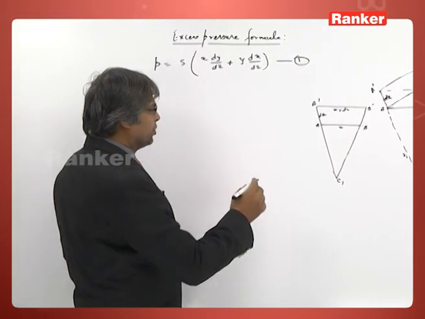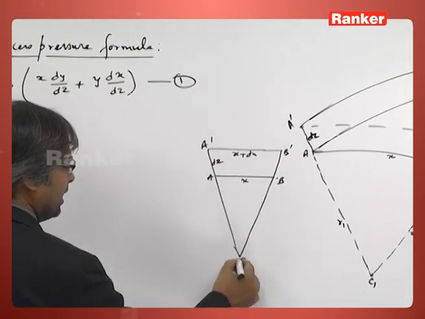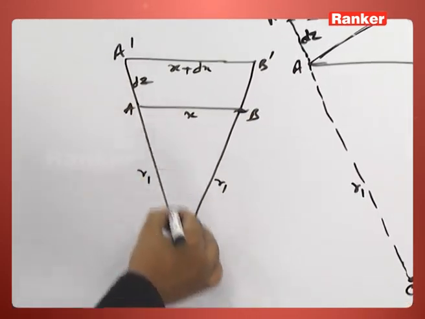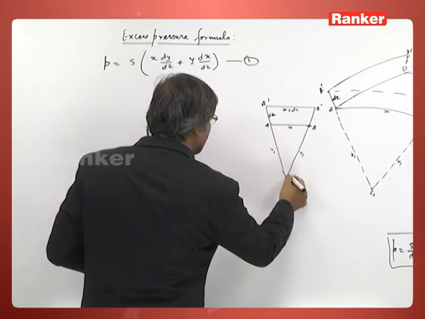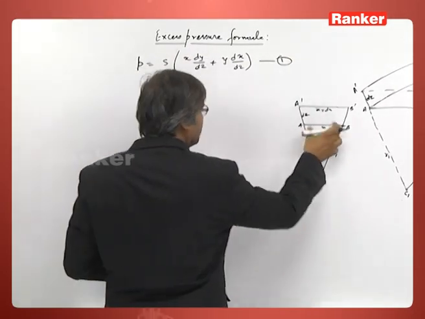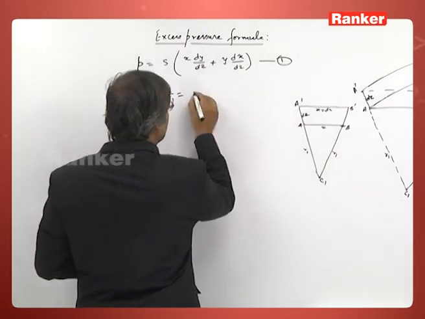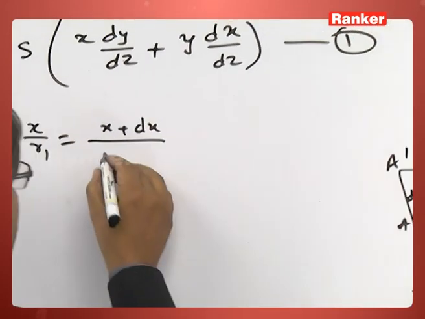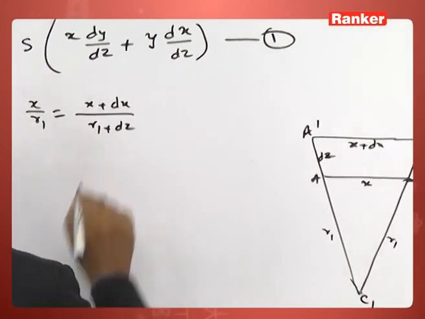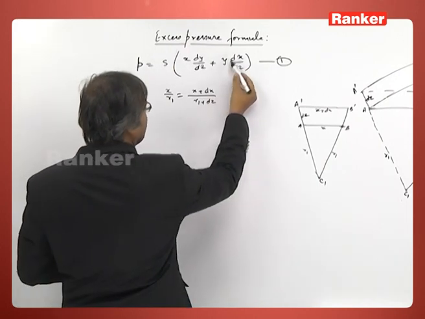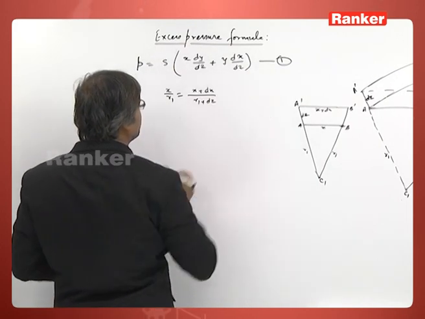So now let us use similar triangles. This is R1 and this is R1, meaning from B to C1 and A to C1. So we have x by R1 equal to x plus dx by R1 plus dz. I want my dx by dz expression.